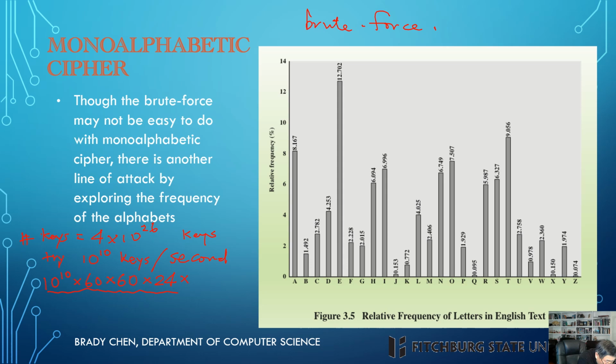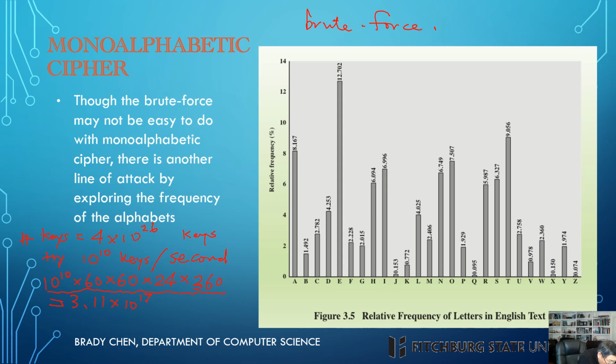What about a year? A year is 360 days, right? If I multiply by 360, that's the total number of keys I can try in a year. Now, what is this number? Let's see. I did the math, and I found this is about 3.11 times 10 to the 17th.